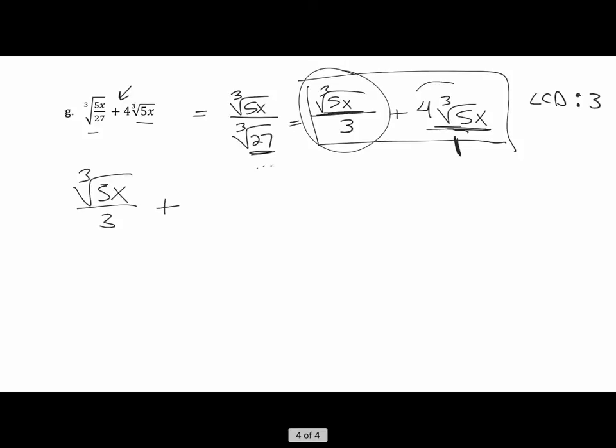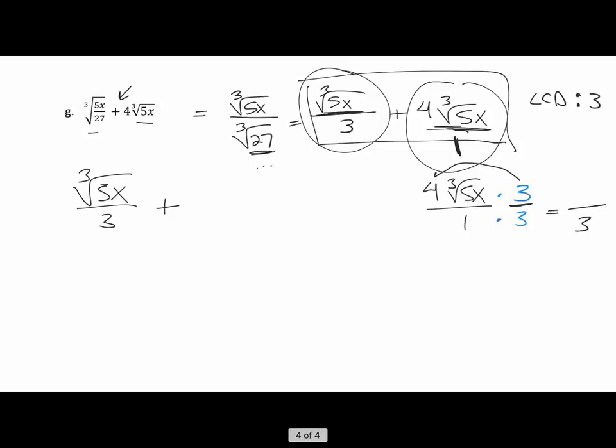But this fraction needs to have that in the denominator. So let me just create an equivalent fraction with 3 in the denominator. So we need to multiply by 3 to get there. And remember, when we multiply, these 3's are not under a radical.